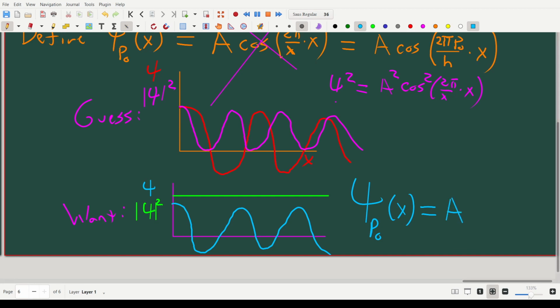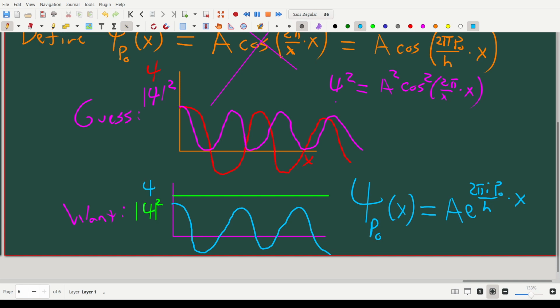And the function is A e to the 2 pi i p naught over h times x. It's this strange complex exponential. These are all in the exponent. So it's e to the 2 pi i p over h times x. We'll show that this gives me the right result.